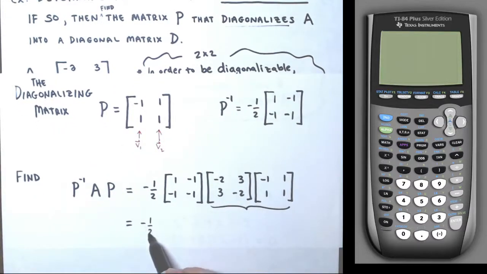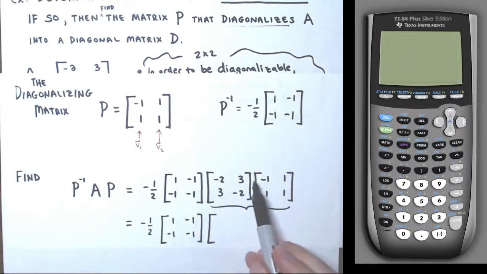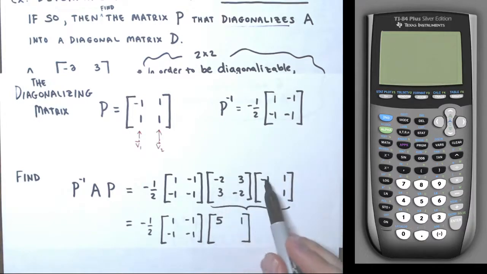You can do this on your calculator if you wish, but just for this first example, I'm going to do it by hand. A 2 by 2 times a 2 by 2 is a 2 by 2. We've got 2 plus 3 is 5, then -2 plus 3 is 1, then -3 minus 2 is -5, and then 3 minus 2 is 1.